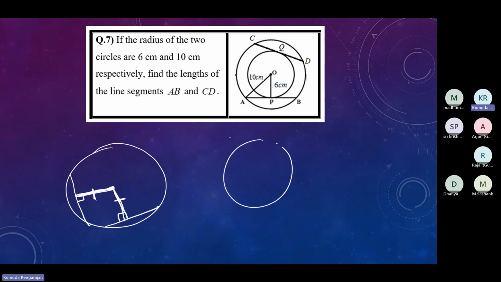If the length of this chord is equal to the length of this chord, then the distance of this chord from the center, distance is always perpendicular distance, will be equal to the perpendicular distance of this chord from the center. Conversely, if the distances of these two chords from the center are equal, then the chords are equal in length.